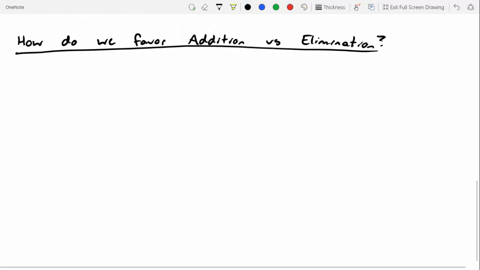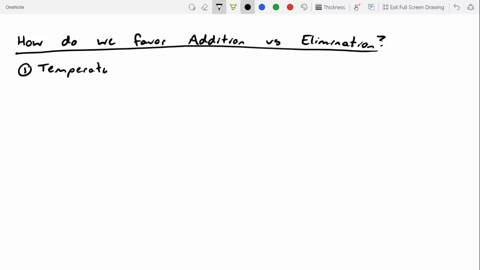What's one way we can favor addition versus elimination? Temperature. So just like we saw at the start of class, entropically, lower temperatures favor addition reactions.